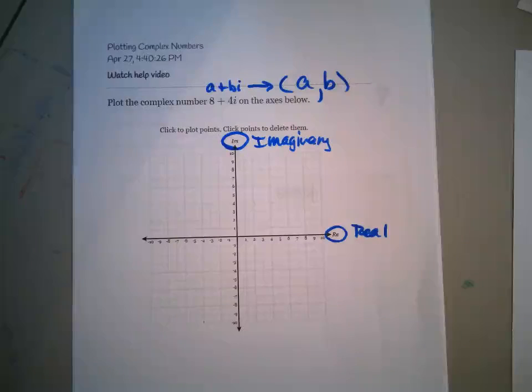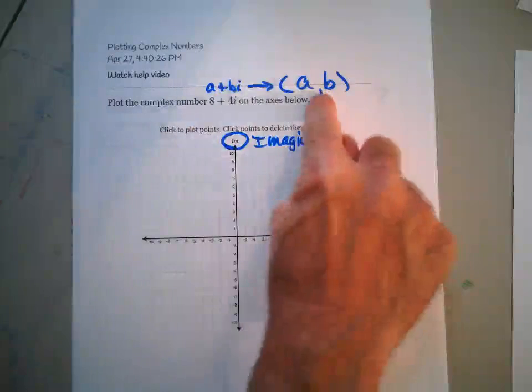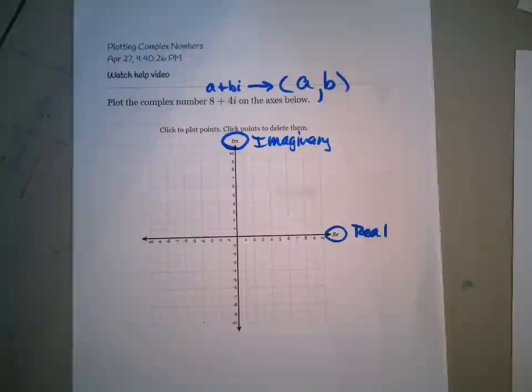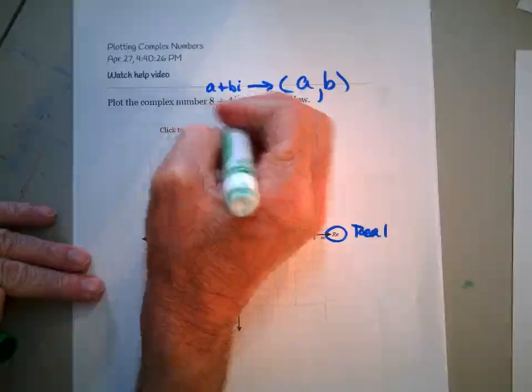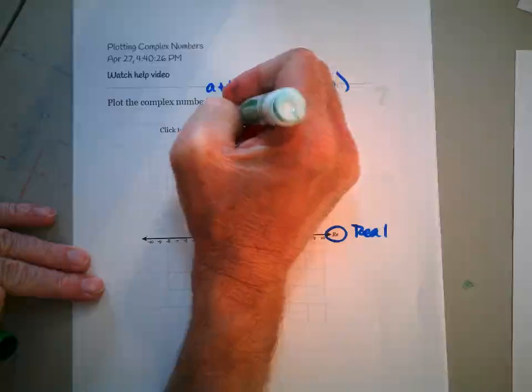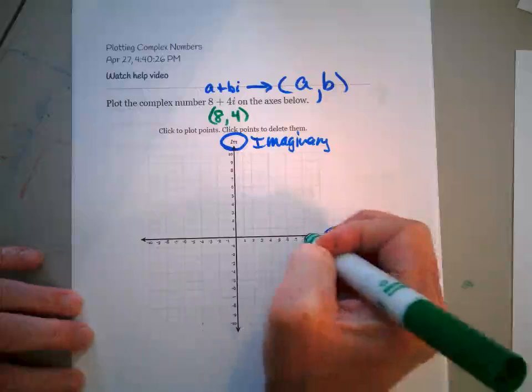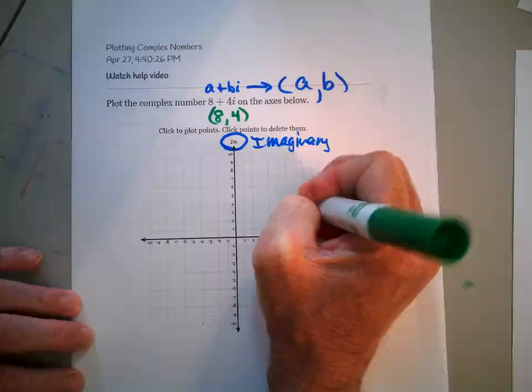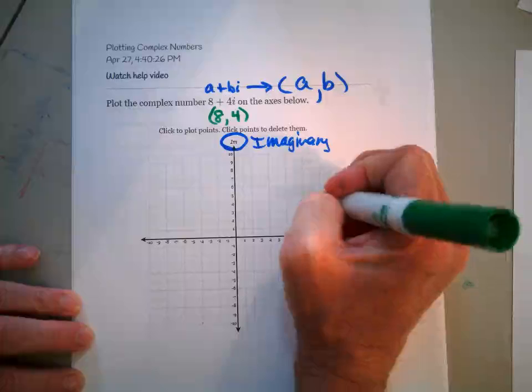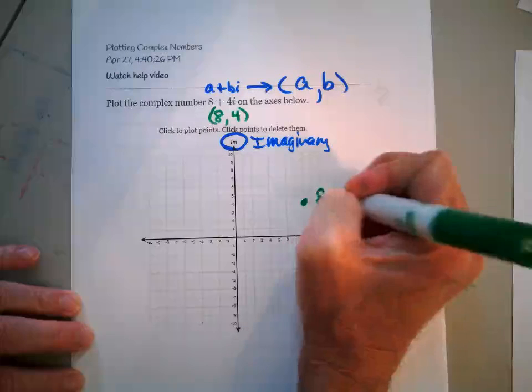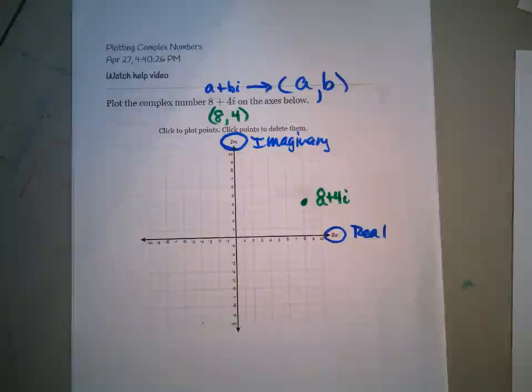So we'll just treat this a plus bi as an ordered pair. We're going to take 8 plus 4i and turn that into 8 comma 4. And at that point, we're going to just plot the ordered pair. So we'll go out to the right 8. 1, 2, 3, 4. That right there is the complex number 8 plus 4i. Pretty simple.